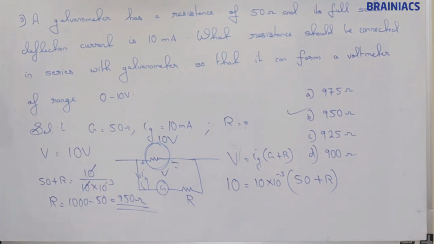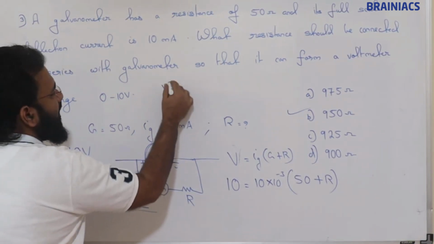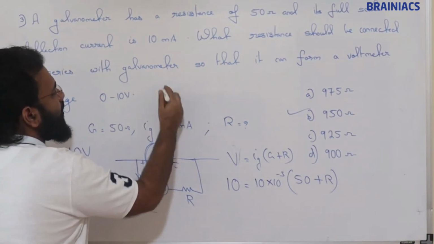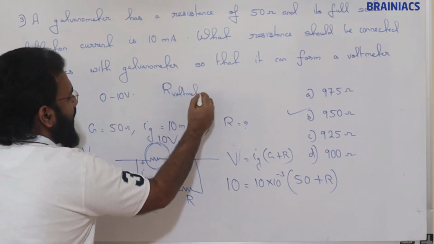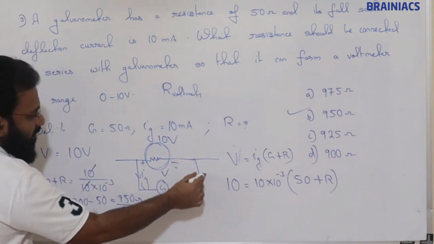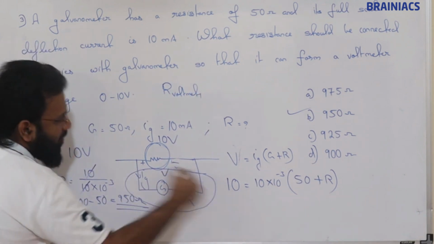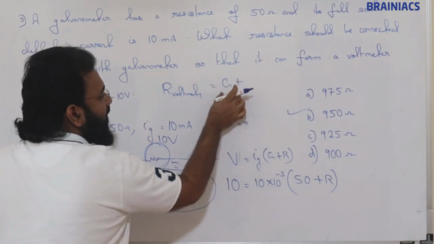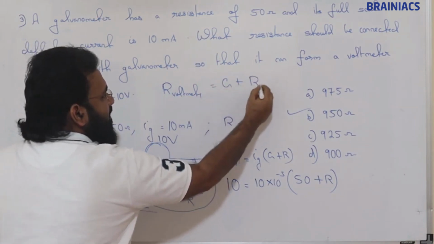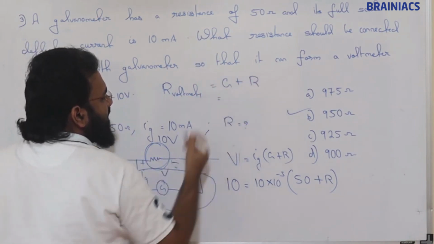So here, what is the resistance of the voltmeter? The voltmeter is this much. This is the voltmeter. So the resistance of the voltmeter is nothing but the galvanometer resistance plus the resistance that is connected in series.